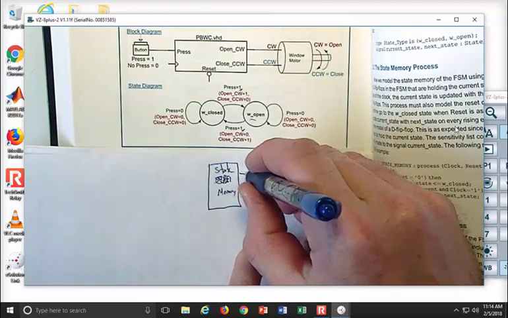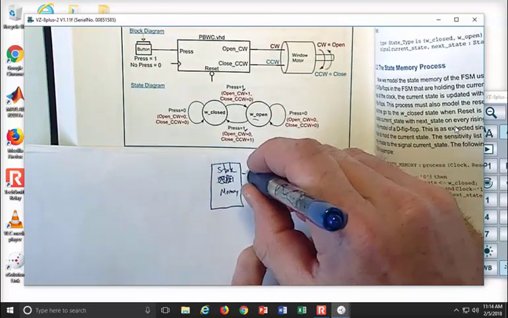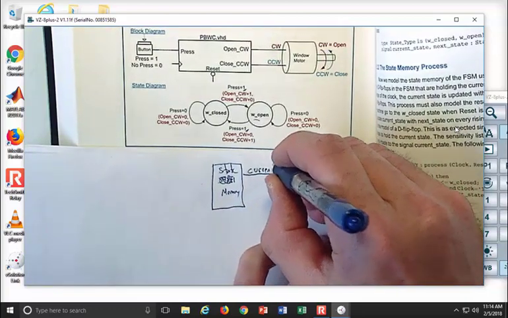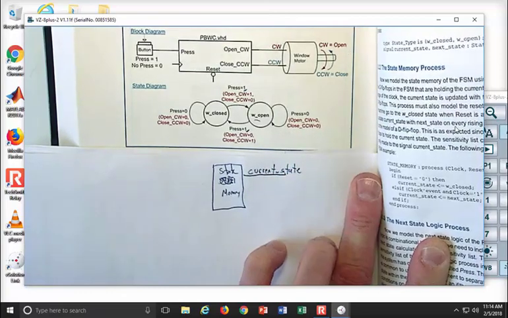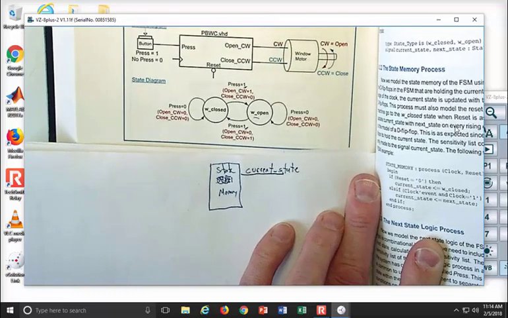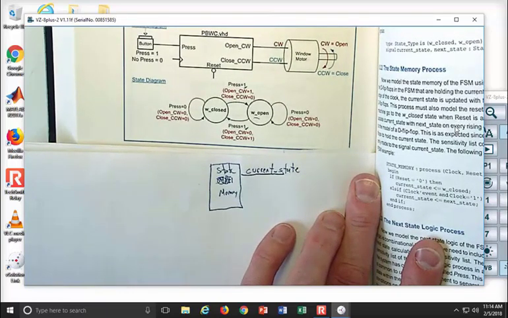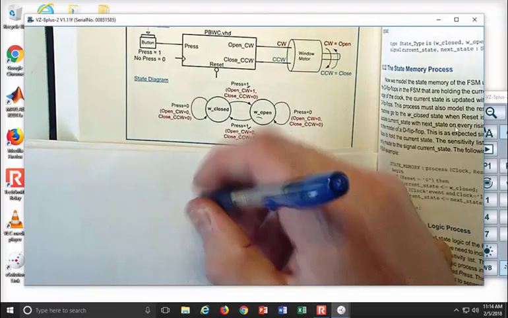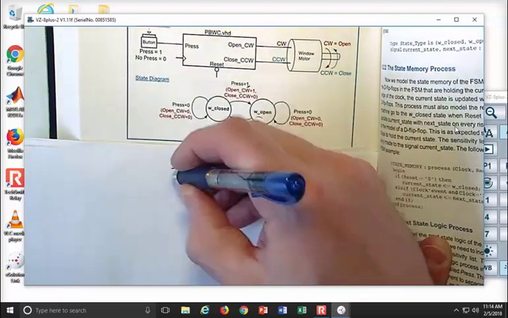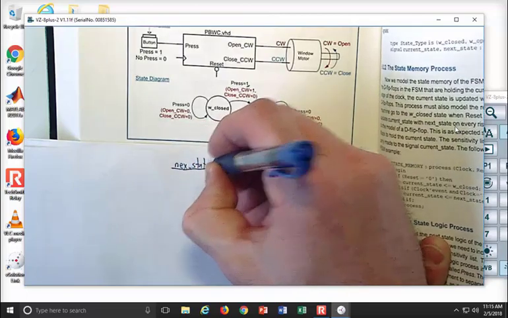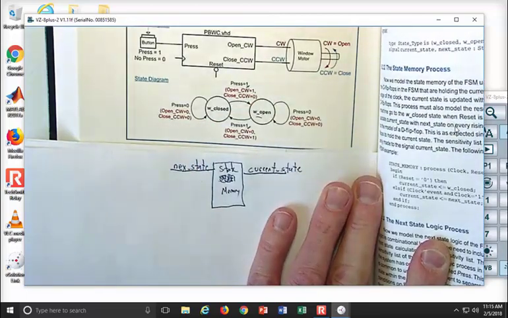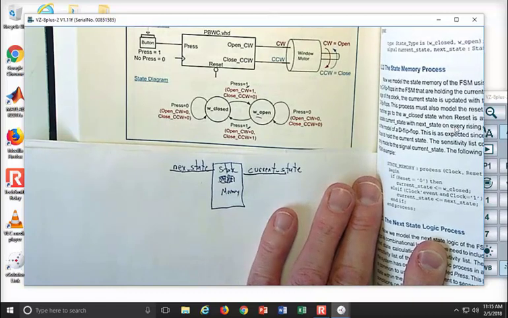Its whole job, well, most of its job, is going to hold this thing called current underscore state. And I'm going to write these out using the variable names that we'll actually use in our VHDL. Every time you get a clock edge, it is going to update current state with another signal that we call next state. And we'll actually call it next underscore state because then that's a nice variable that I can have in VHDL. When does it update current state with next state?